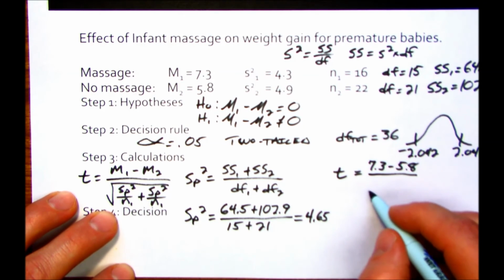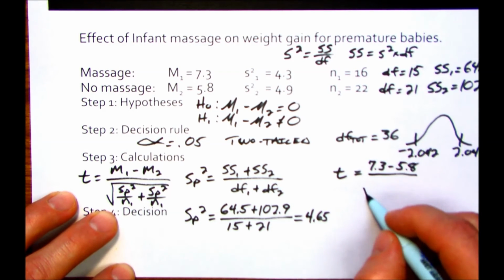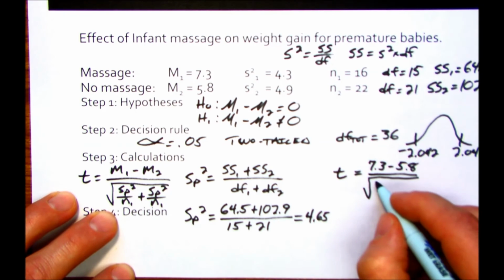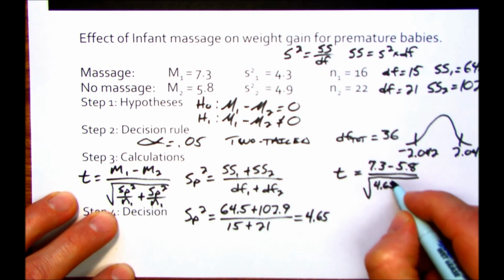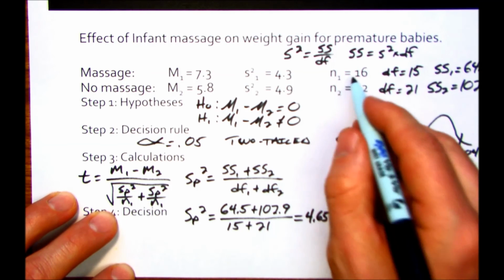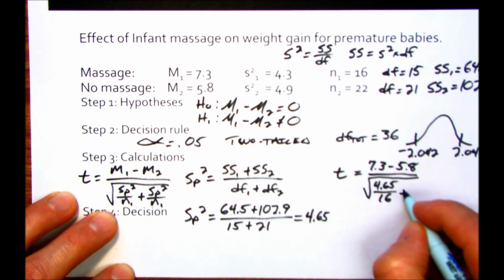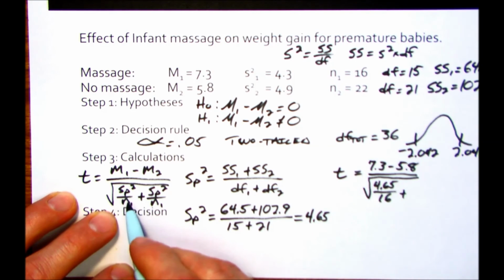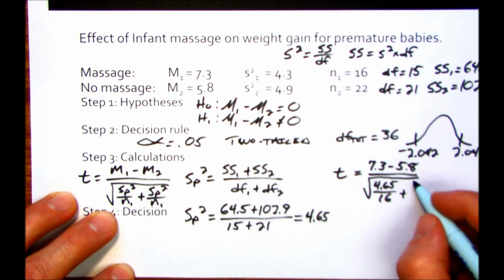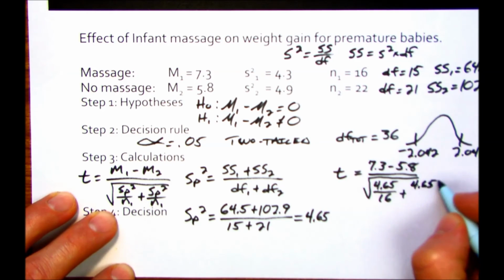That will give us our mean difference, divided by, and then we want to figure out what's the difference we'd expect by chance between these two groups. Our pooled variance is 4.65 divided by the sample size, 16. Notice that it's a sample size here now, not the degrees of freedom. That's where a lot of students will make a mistake on their homework.